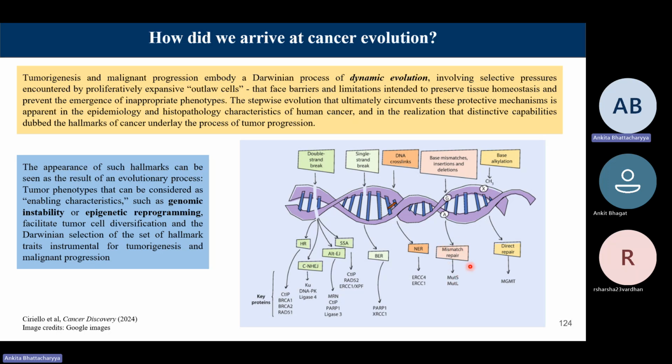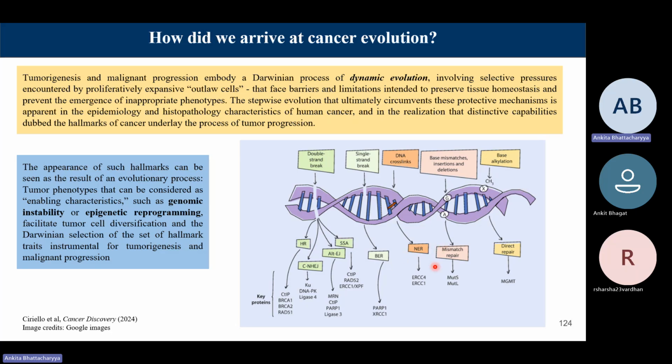Like there's a mismatch repair system, which is responsible for correcting base mismatches present in the genome. Second, you have base excision repair, whereby there's a single change or single modification in a base, and then that is removed or corrected. Like for example, there can be a base alkylation, so that can be corrected.